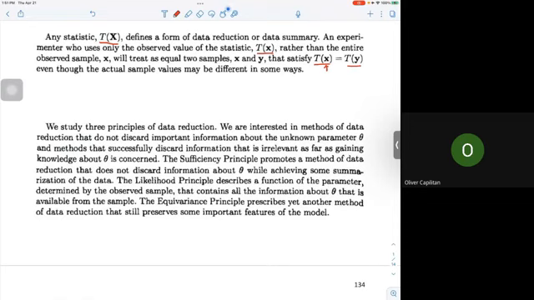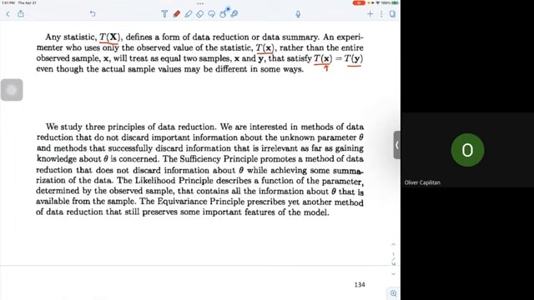Another method, we have the likelihood principle. It describes a function of a parameter determined by the observed sample. And in this likelihood principle, the function of the parameter contains all the information about theta that is available from our sample. And then the last one, we have the equivariance principle.